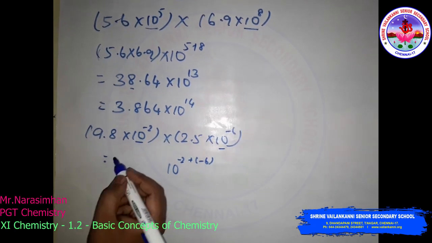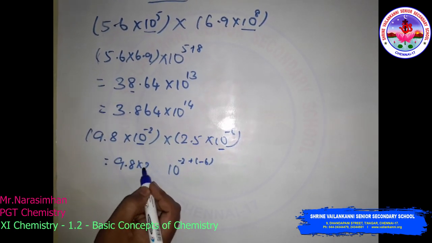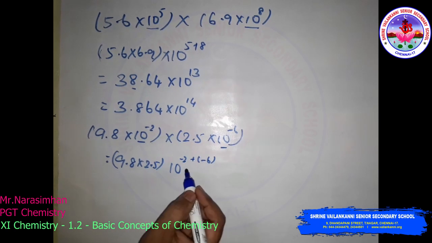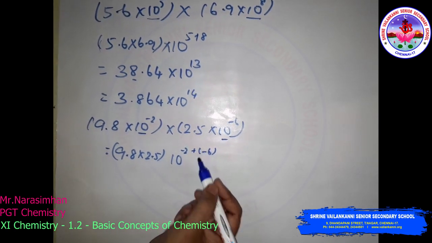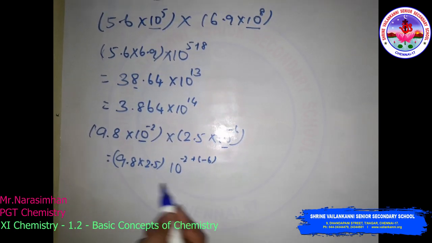So 9.8 and 2.5 with 10 power minus 2 minus 6 becomes 10 power minus 8.